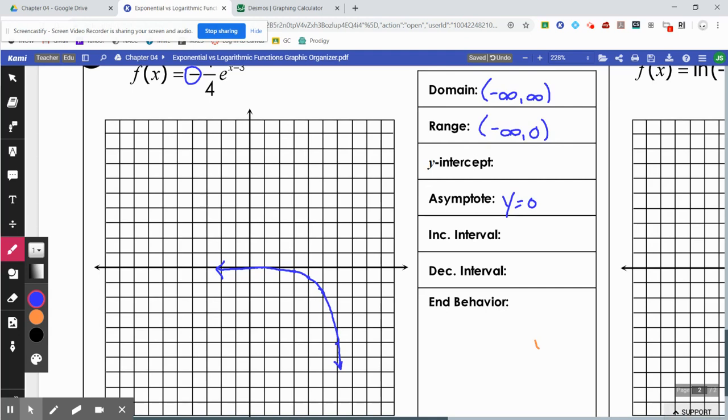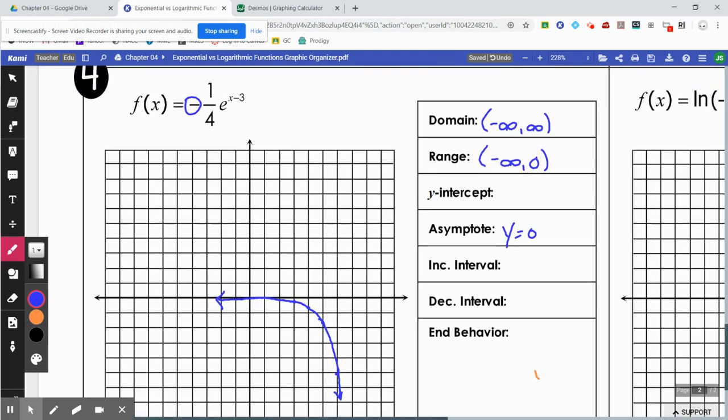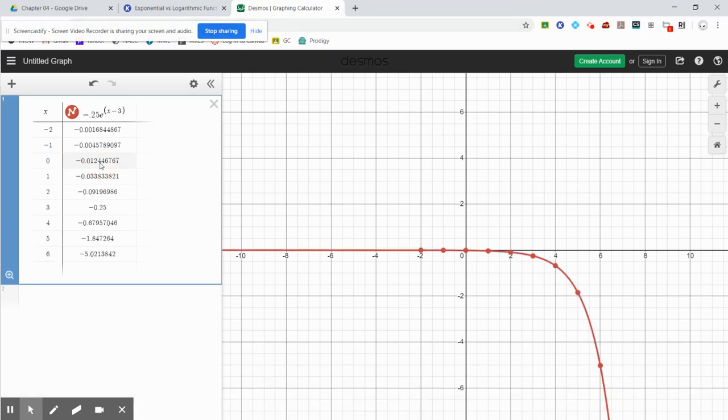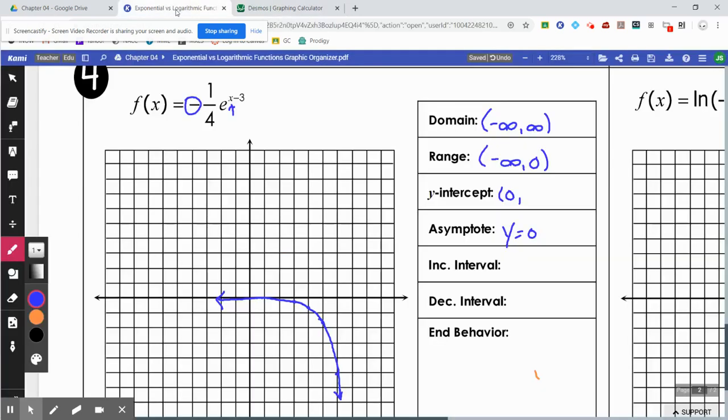Your y-intercept, again, to find your y-intercept, you can plug in 0 for this x, and you're going to get 0, comma, that'd be e to the -3, and then multiply that answer by -1/4. Again, you could go back to your Desmos if you would like to, and notice right here is where we plugged in 0 for x, and I got -0.012.